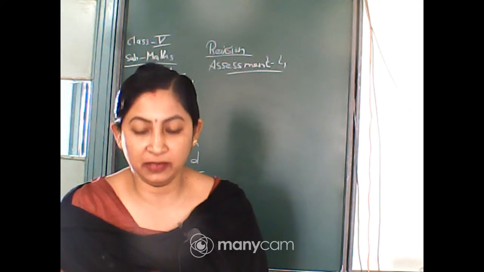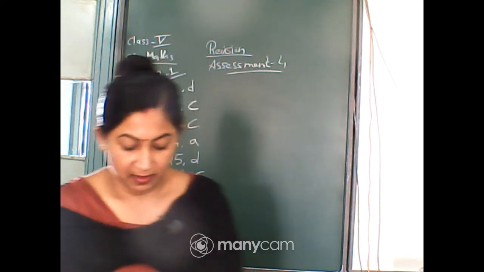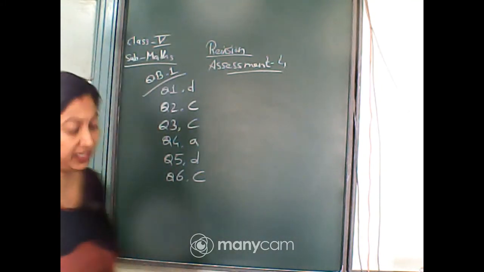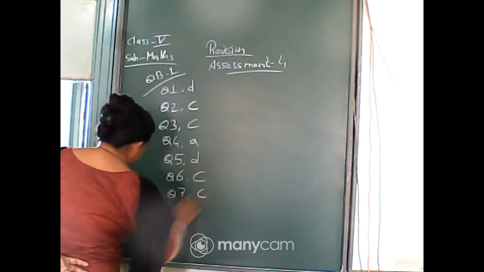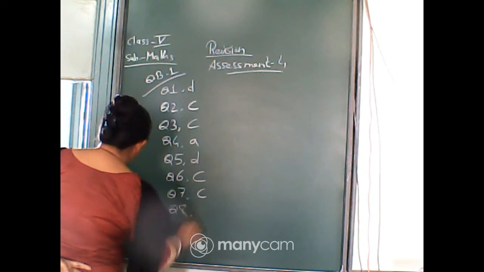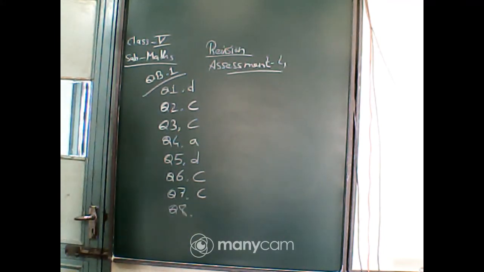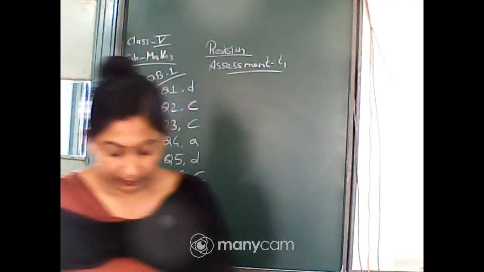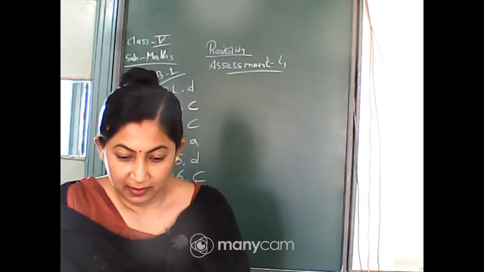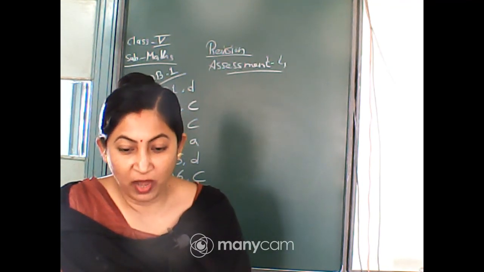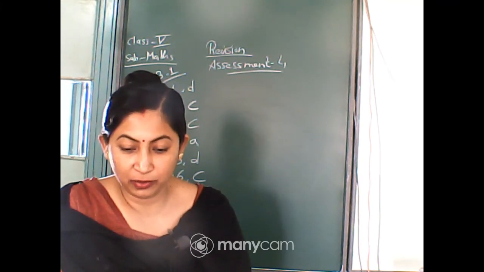Don't cheat from the chat box. Yes, for question number 7, the answer will be option number C. Yes, when you are all writing yes ma'am, I am also happy with your honesty.